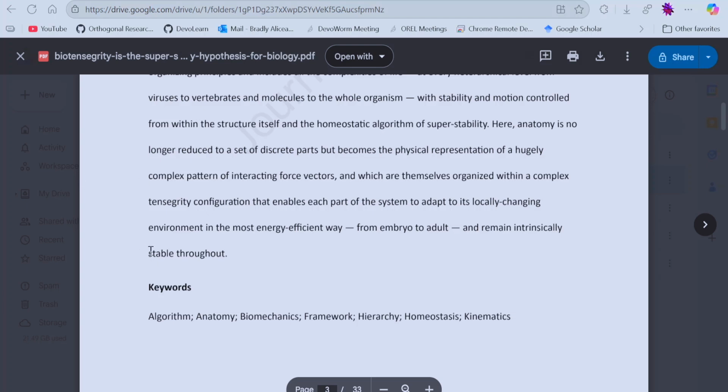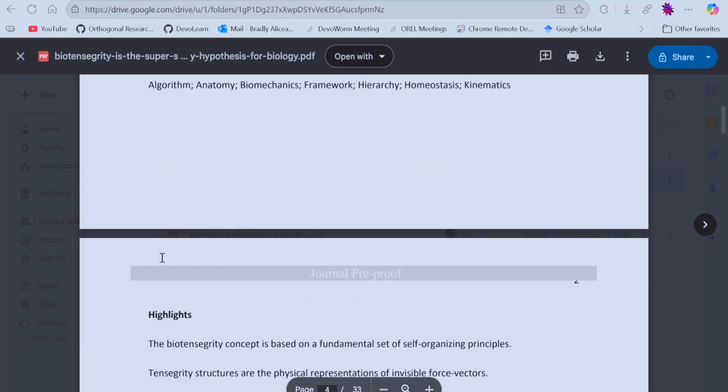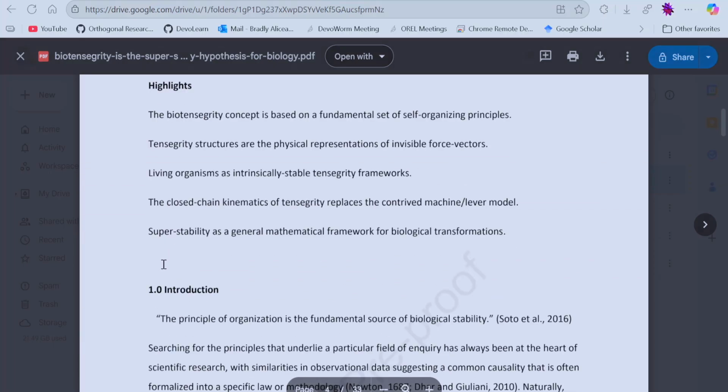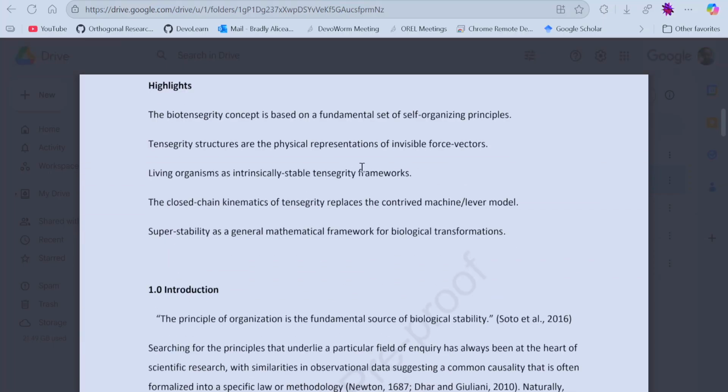And that also remains stable throughout that process. So yeah, they're hitting on biotensegrity as being based on a fundamental set of self-organizing principles. So they bring this around to self-organization.